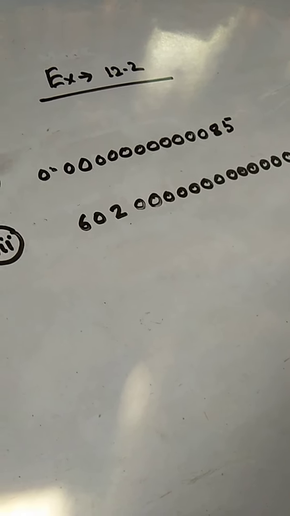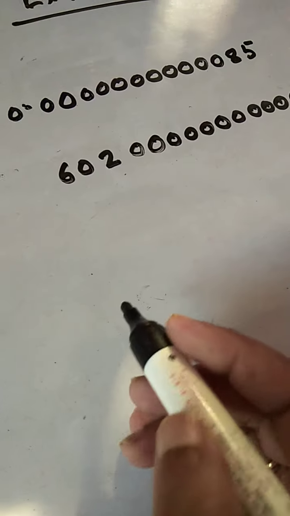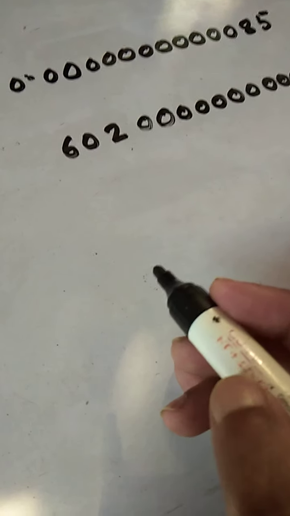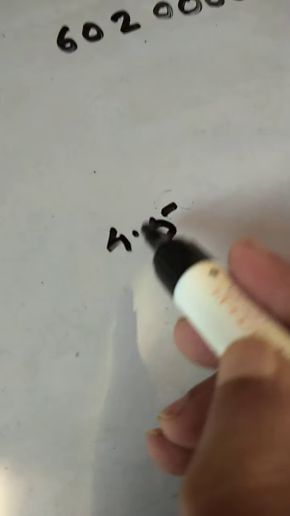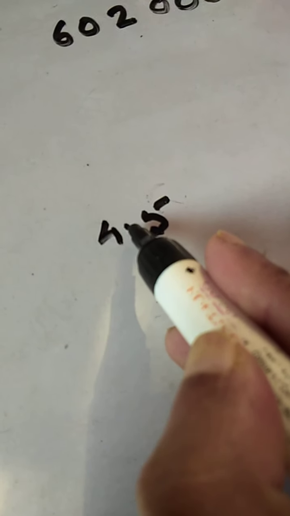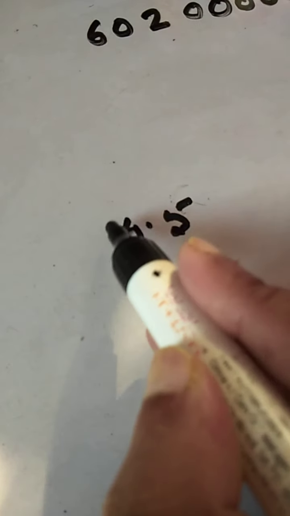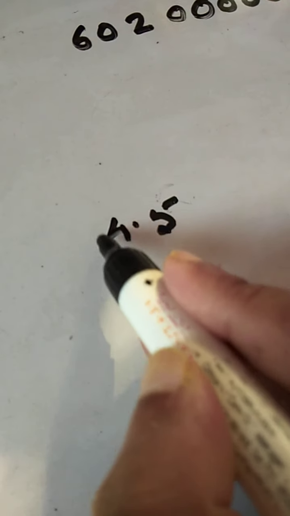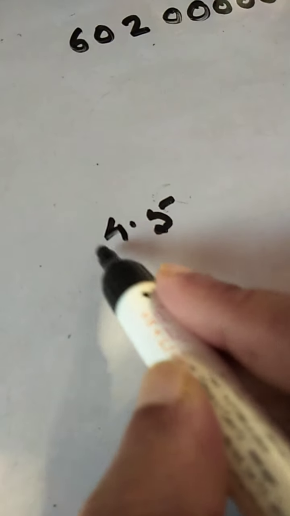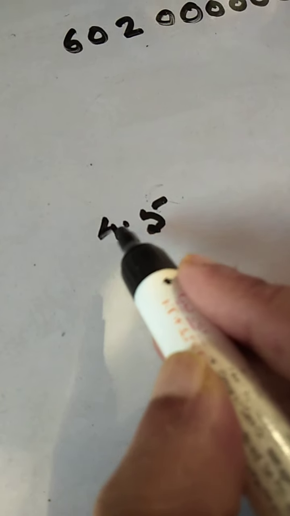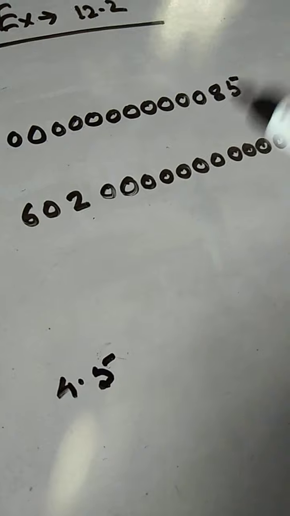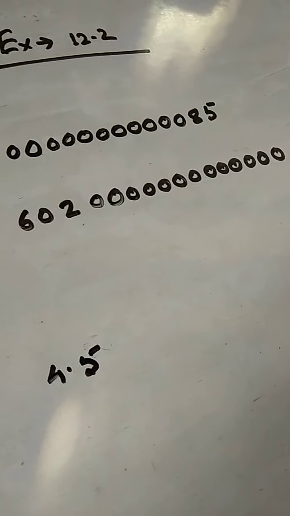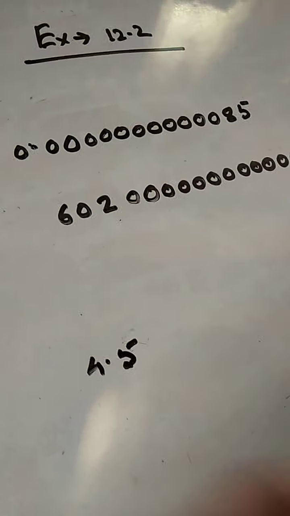The only rule of standard form is that the number should be like 4.5: when you put a decimal, there should be at least one number, and only one number, on the left hand side of the decimal. That is the only rule. And you have to convert all the zeros into the form of exponential of 10. I will teach you how to do this.